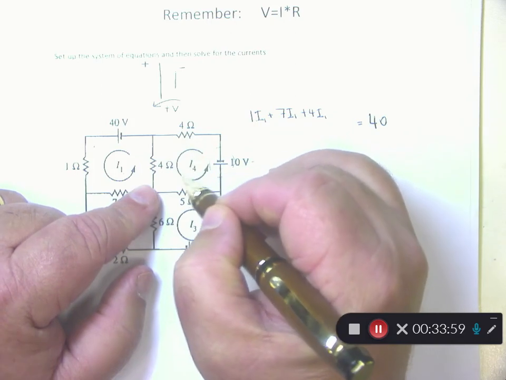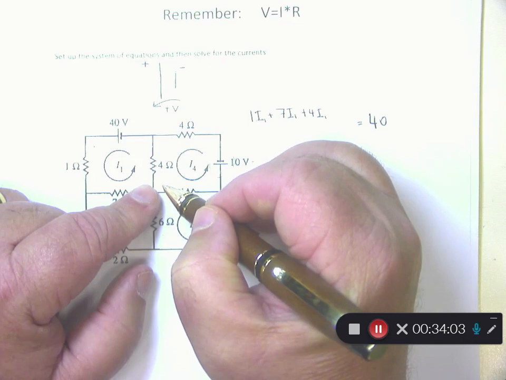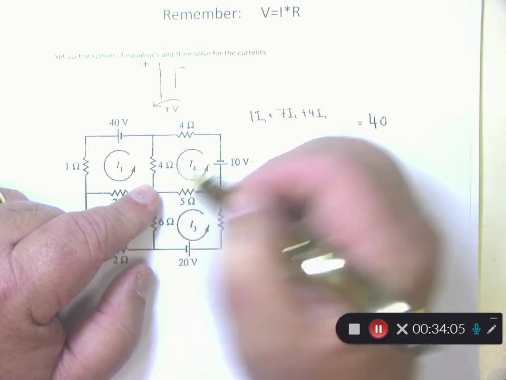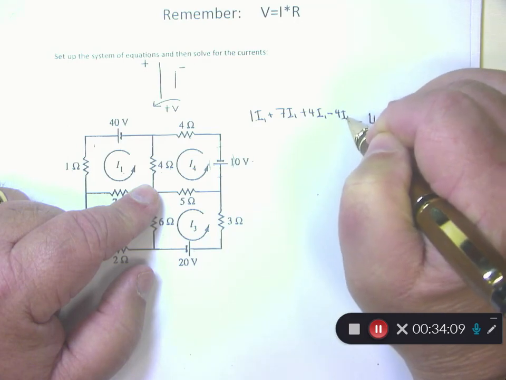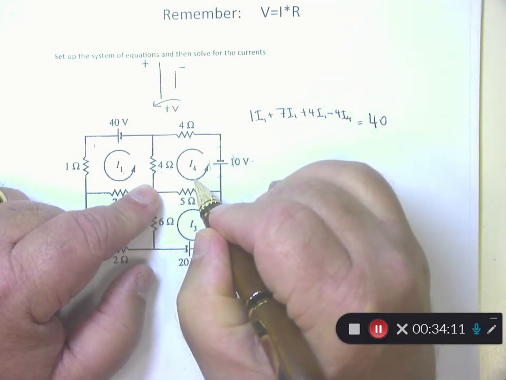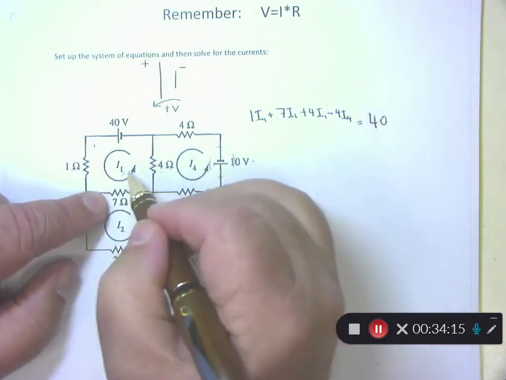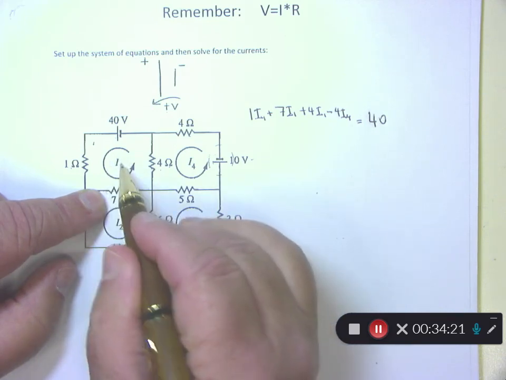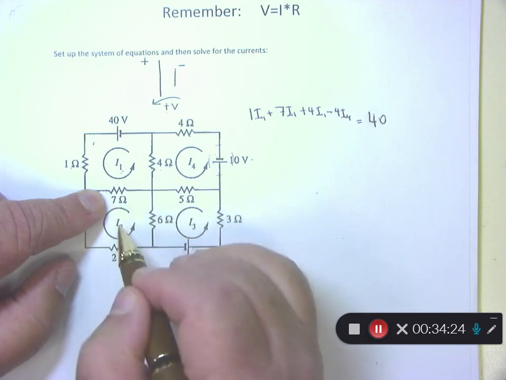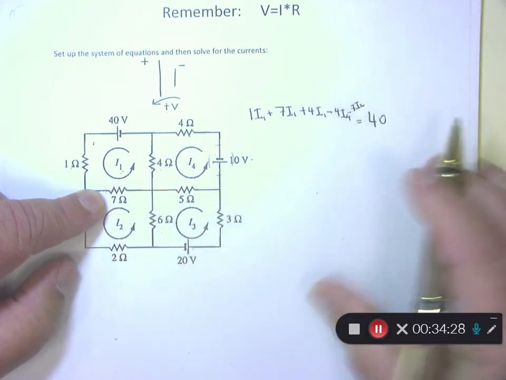It also has I4 current coming across it going the other direction. Does that make sense? And it's going the other direction, so that's going to be a minus 4. That's an I4 current that we need to be able to solve for. And I got one more. It's down here, 7. It's going this way, but my other current is coming, again, counterclockwise here. So it's going against the I1, so that's going to be a negative 7 I2. Minus 7, I'll put him right there, I2.